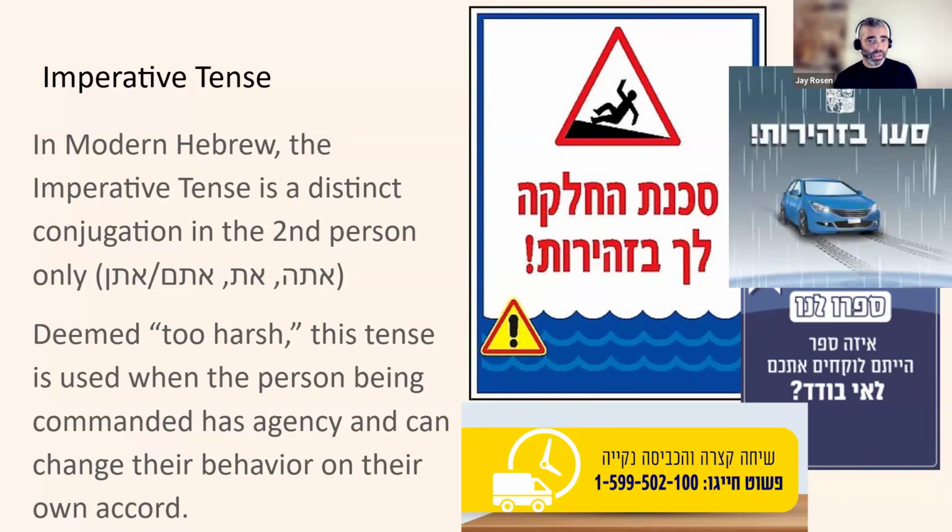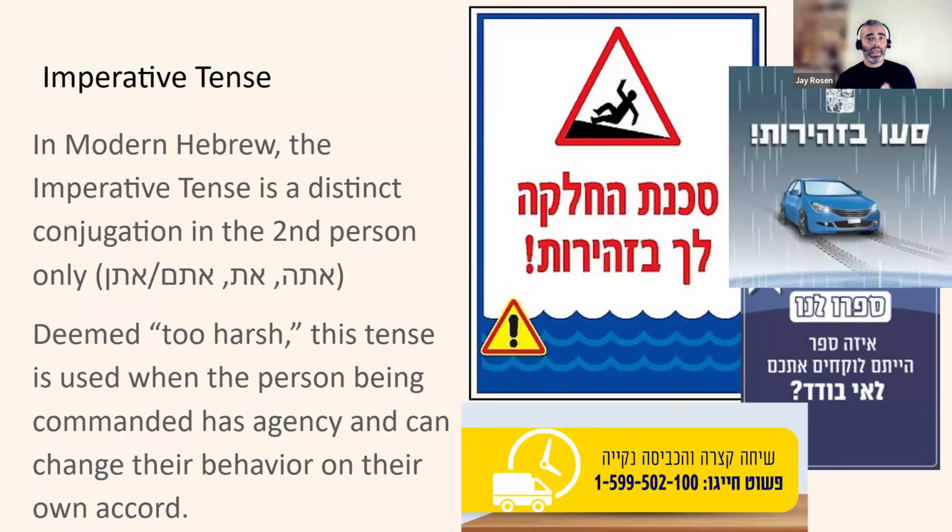Lech bezehirut. Lech is our first example of the imperative tense. And many of you probably know the word lech already. Lech is the imperative tense of the verb lalechet, to go. Lech is second person singular masculine: lech, lechi, lechu.